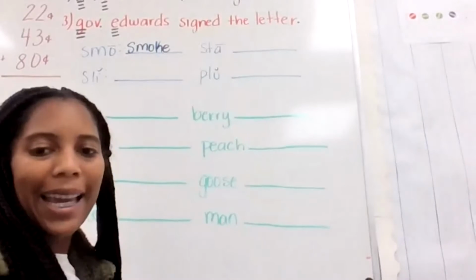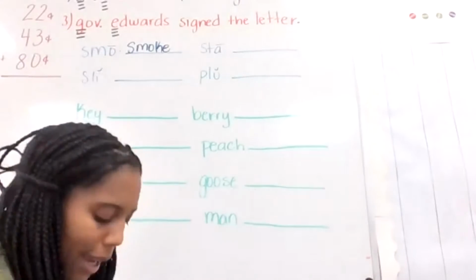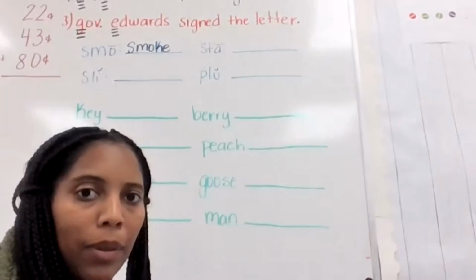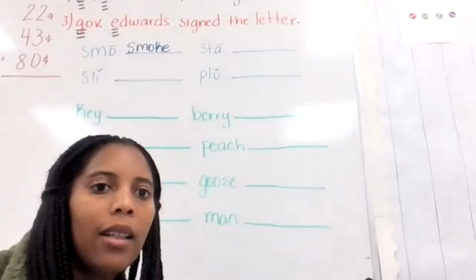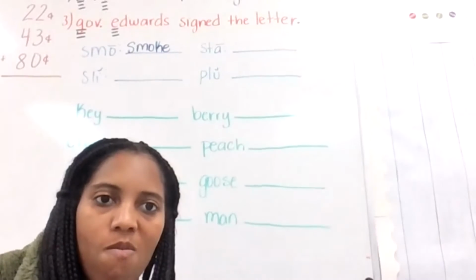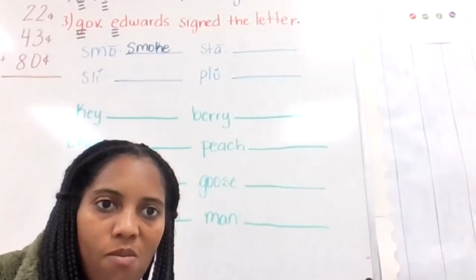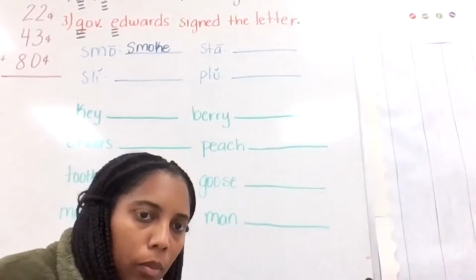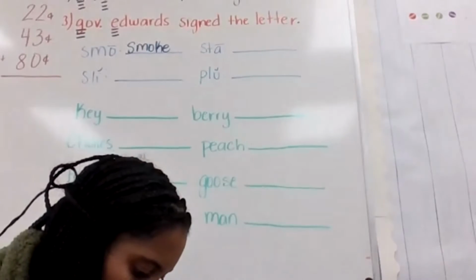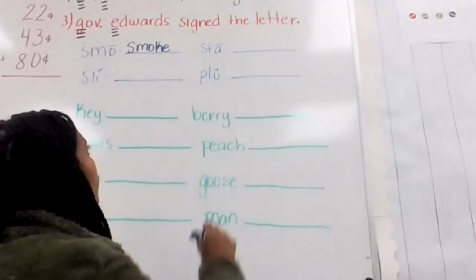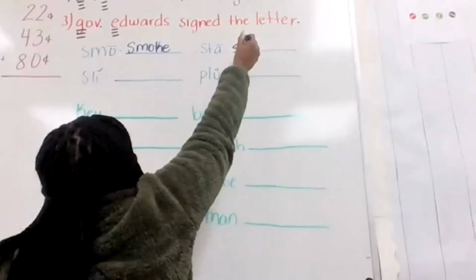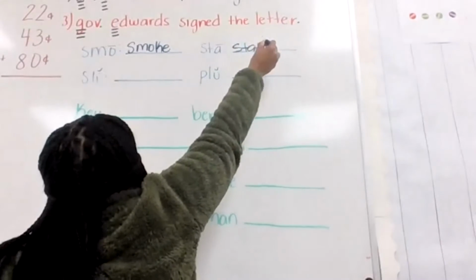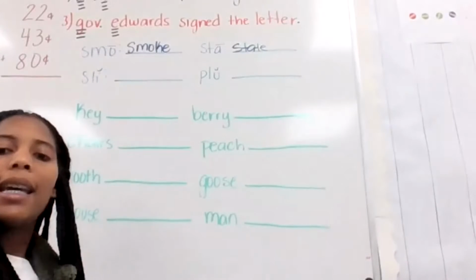Next, I have sta. What's a word I can create from the blend sta? State. Or stage.